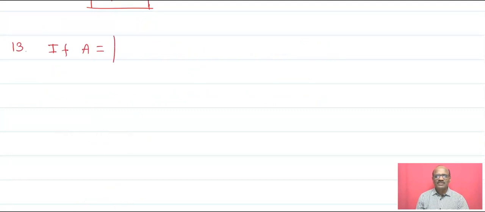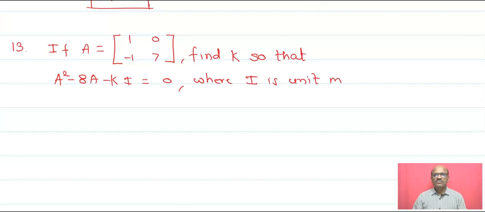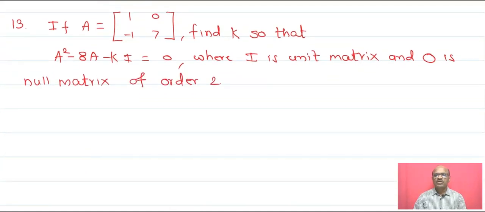Now, question number 13. If A is 1, 0, minus 1, 7, find K. That is A square minus 8A minus KI is equal to 0, where I is unit matrix and O is the null matrix of the order 2.